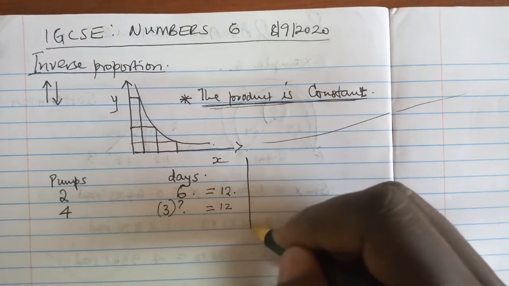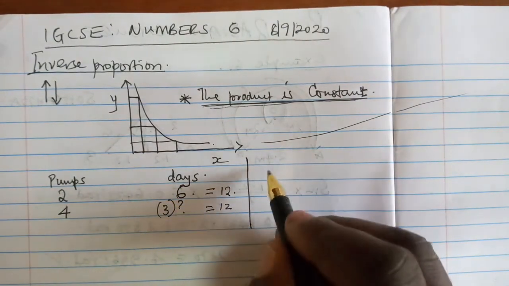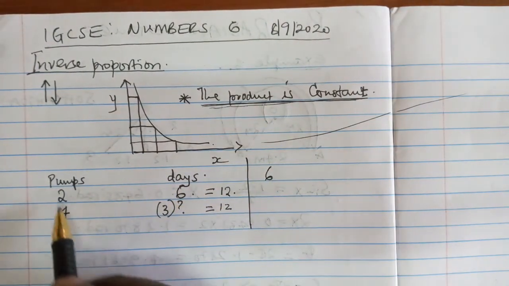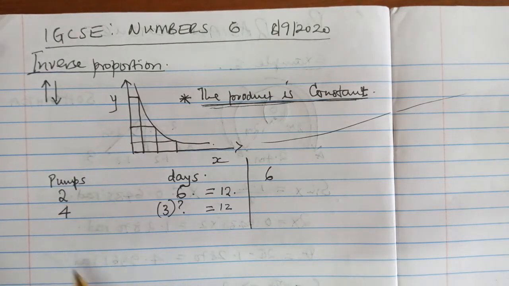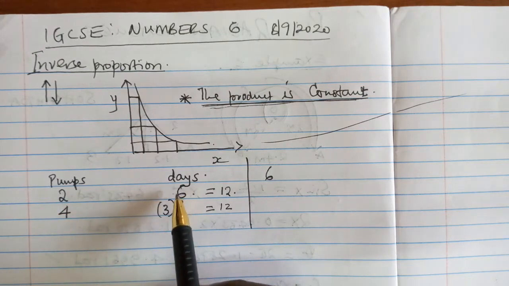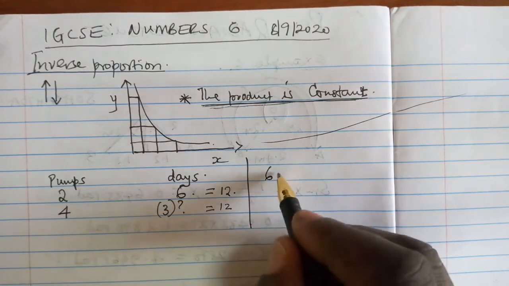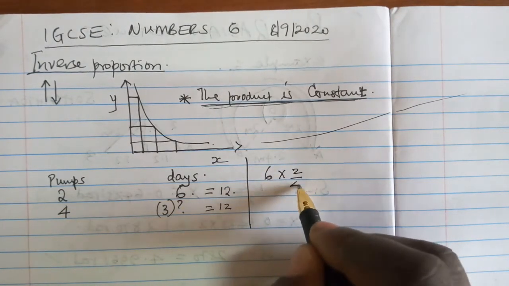Of course, I will give you the other approach here. The question is on days, so we have 6. In approach number 2, we ask ourselves a question. It took us 6 days with 2 pumps. Now that we are using 4 pumps, will it take us longer or a shorter time? Of course, when the number of pumps increases, the number of days will come down, and therefore we take the smaller fraction between 2 and 4, which is 2/4.